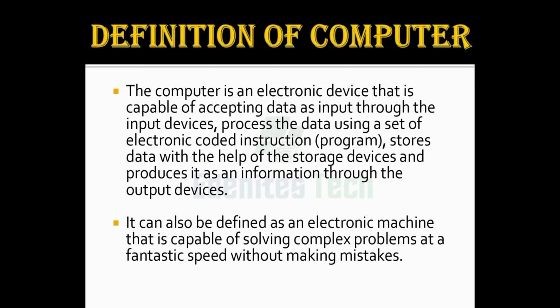So stay tuned as we proceed. The computer can also be defined as an electronic machine that is capable of solving complex problems at a fantastic speed without making mistakes.